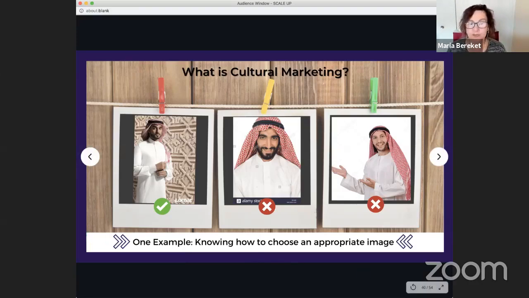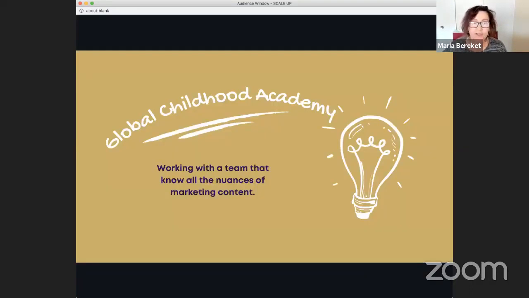You need to work with someone that understands that these pictures are very different, that some are what you want to choose and some are things that could offend someone else in another part of the world. So knowing how to do these things, how to understand the cultural marketing alongside of traditional marketing can make your course more successful. So that's what's really important about one of the elements that GCA is providing you as a partner when you bring your courses here. So working with that team and knowing it is important.